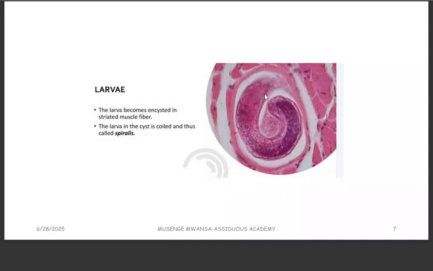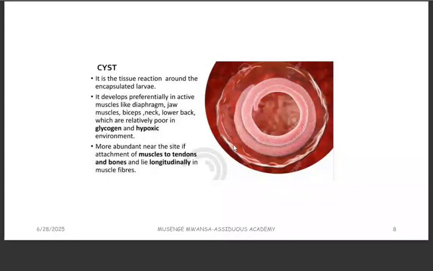The larva, this is the one you can see here, the encysted larva. The larva will become encysted, or hidden in a cyst in striated muscle, and the larva in the cyst is coiled. That's why it is called spiralis, as you can see here. Now, the cyst is the tissue reaction around the encapsulated larva.